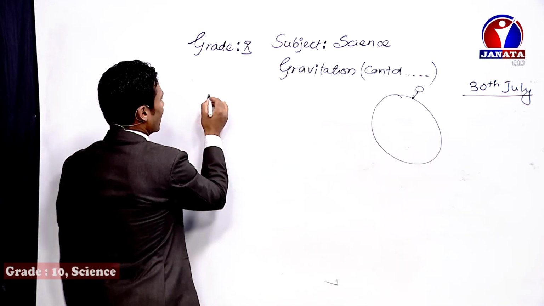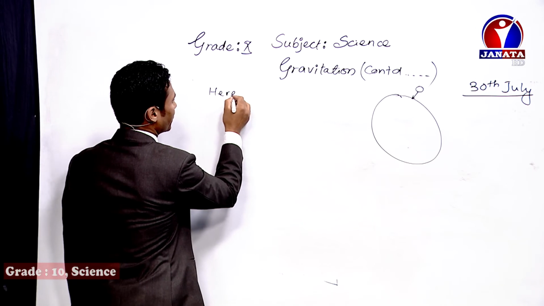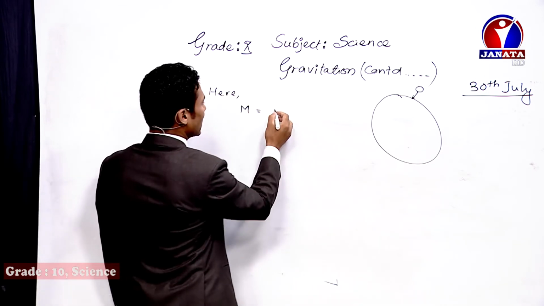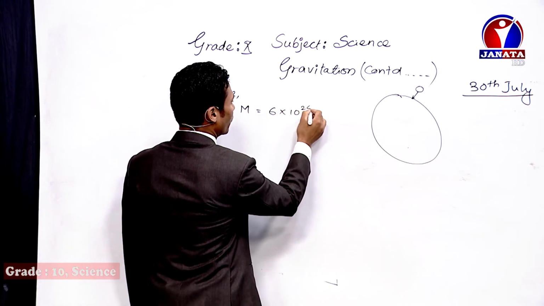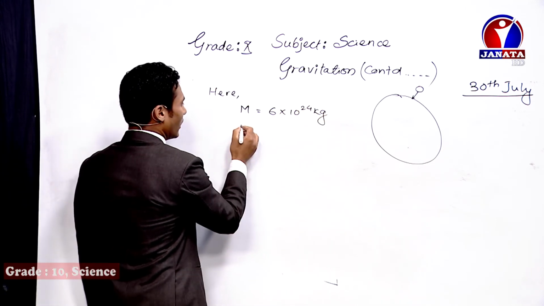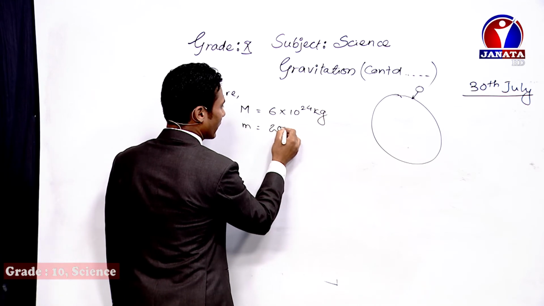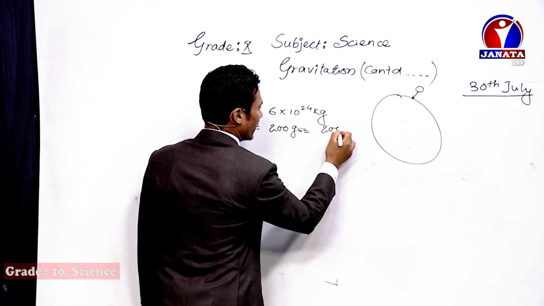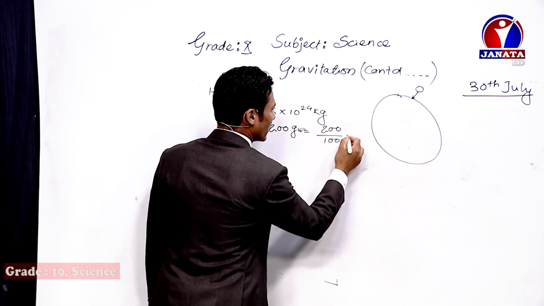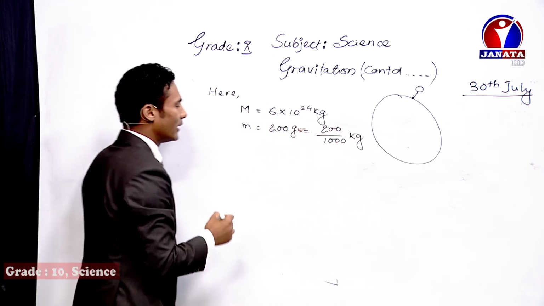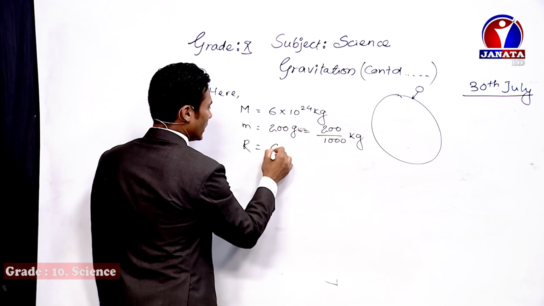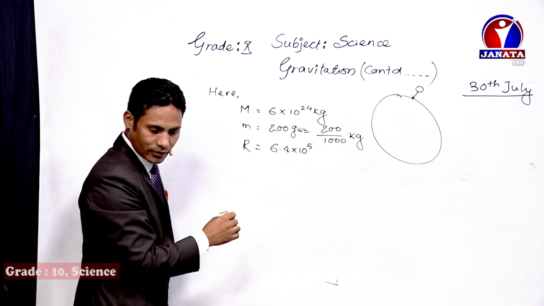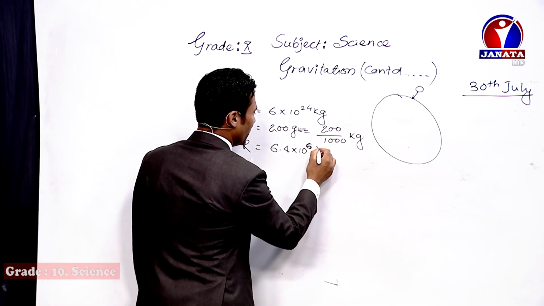Okay, so the mass of the Earth is given, capital M, I will write this 6 into 10 to the power 24 kg, and the mass of the apple is 200 gram. So you convert this into kg, that is 200 divided by 1000 kg, right? And the radius of the Earth is given, 6.4 into 10 to the power 6 meter.